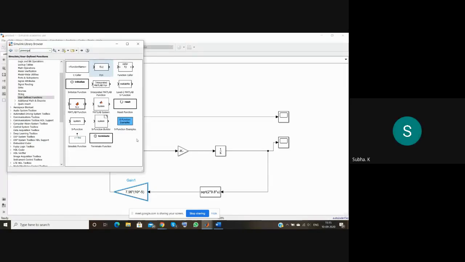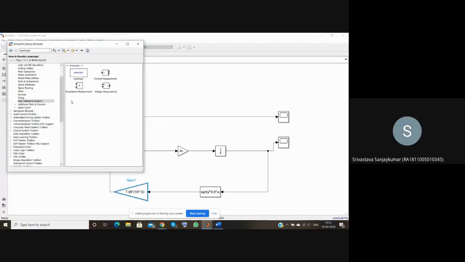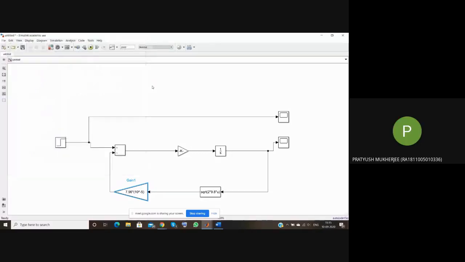The rest you try the second block diagram, Simulink block diagram. Same two outputs you have to get for that also. Ma'am, very slow. For the second one, that transfer function we have to add now.